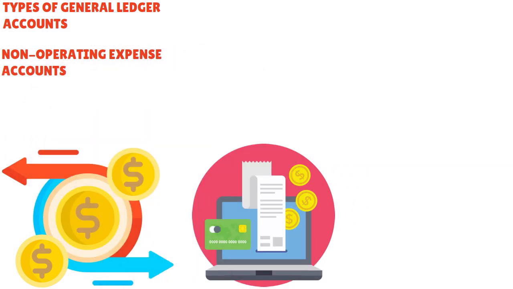Let me really break it down for you a little bit. So I want you to remember those 7 words: assets, liability, equity, operating revenue, operating expense, non-operating revenue, and non-operating expense. Let me break it down even further.